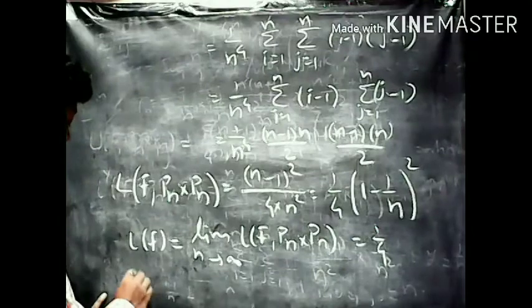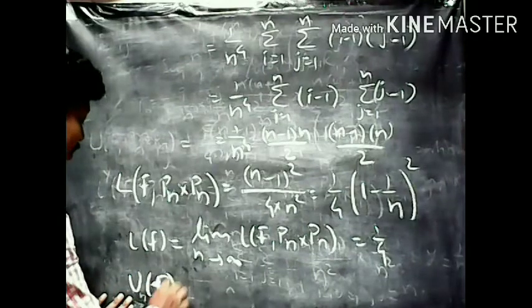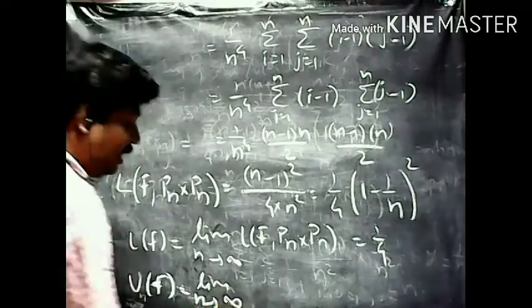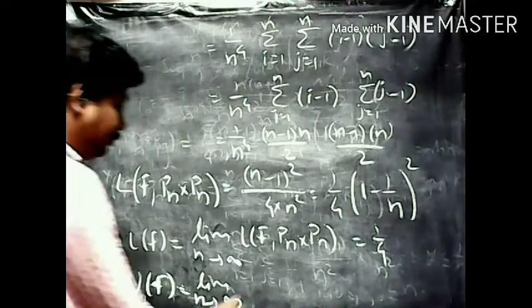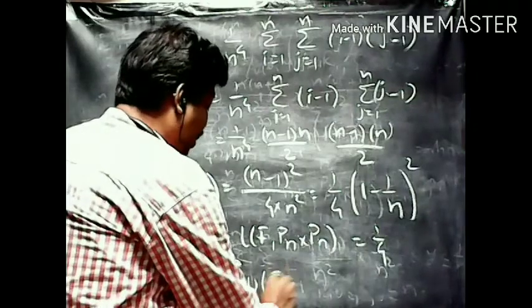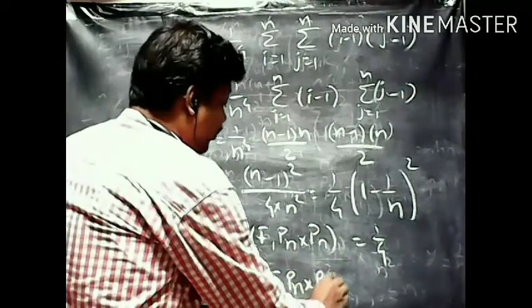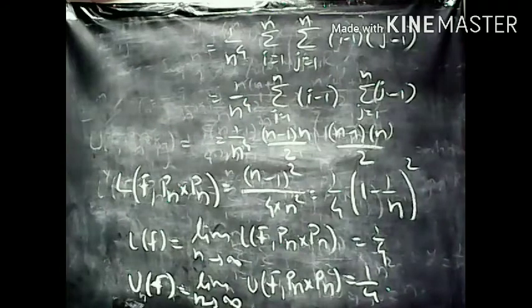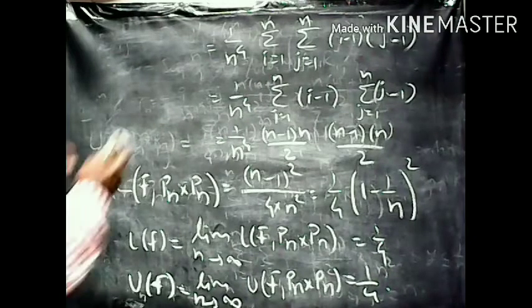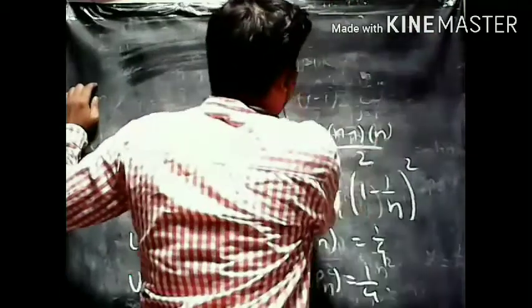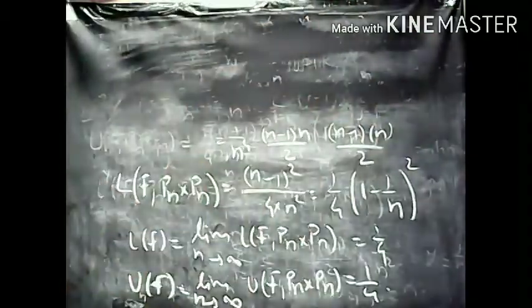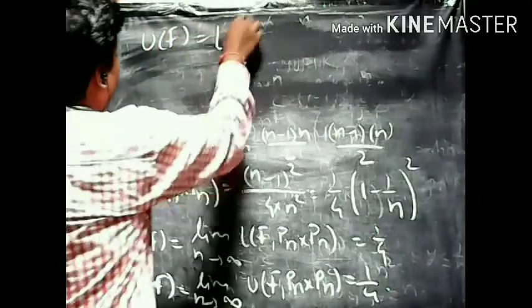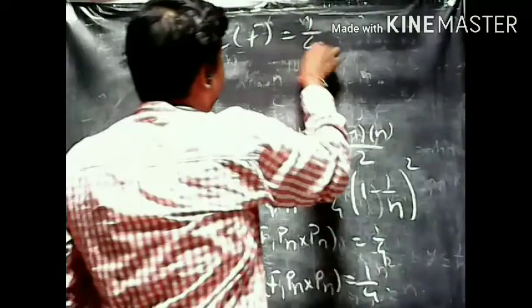Similarly, we can compute U(f). That's nothing but the limit as n tends to infinity of U(f, Pn cross Pn), and you can observe that is also 1 by 4. So here we can conclude that U(f) is equal to L(f) is equal to 1 by 4.